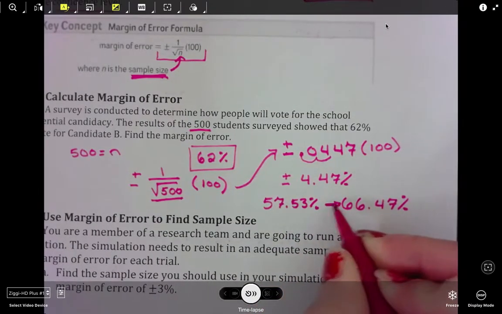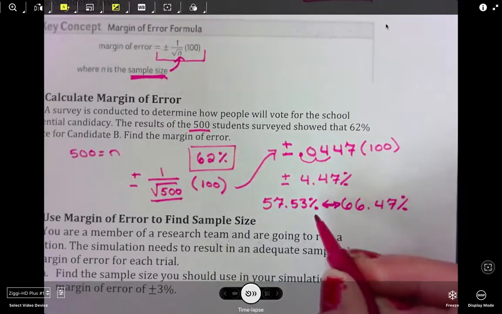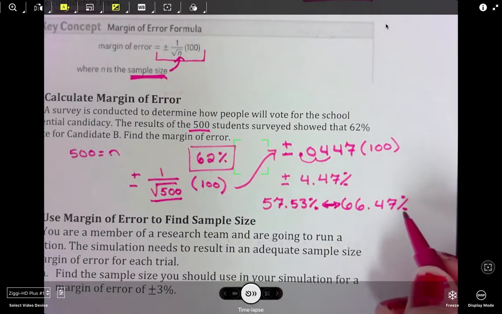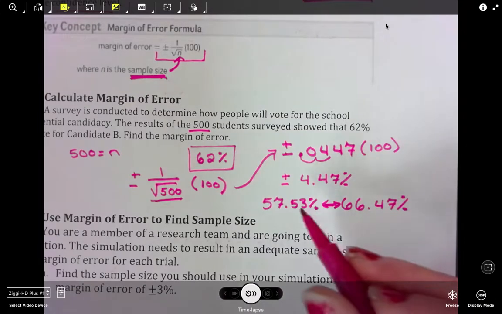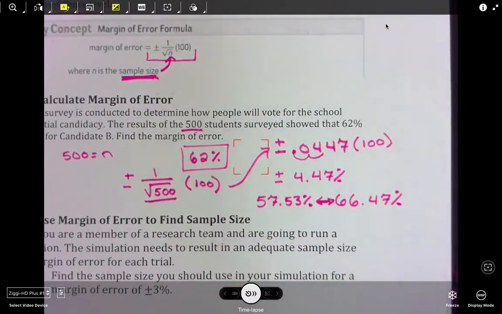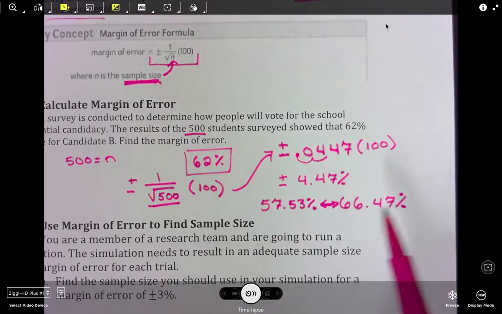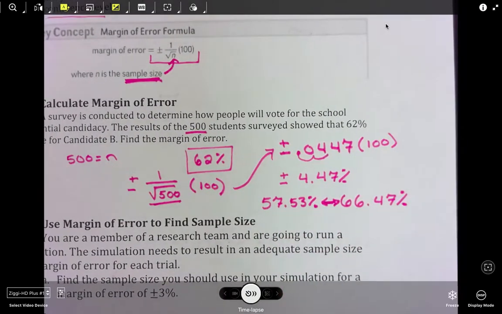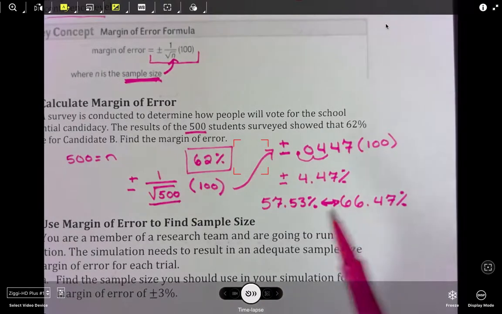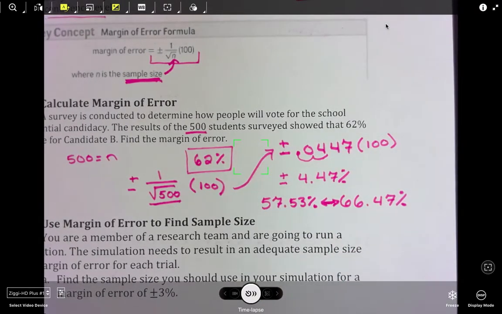Anywhere between 57.53% and 66.47% are actually going to vote for candidate B. So this is what my sample gave me, but this is what my population is going to yield. Somewhere between 57 and 66.5% are going to be voting for candidate B.